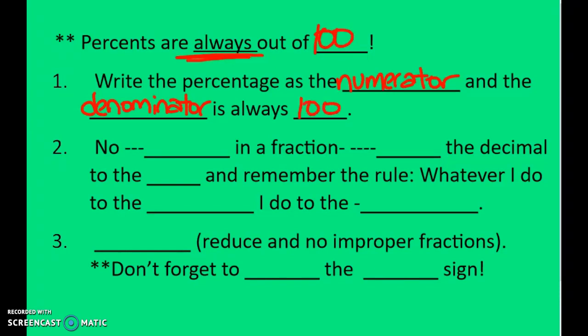Okay, we cannot have any decimals in a fraction, so no decimals in a fraction. We have to move the decimal to the end. And remember our rule, whatever I do to the numerator, I do to the denominator. Okay, we have to keep things balanced.